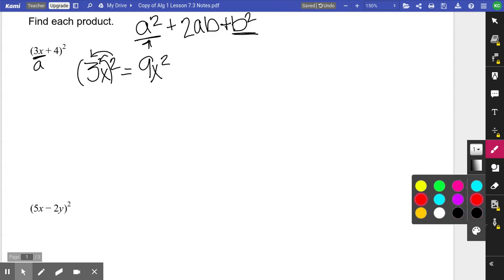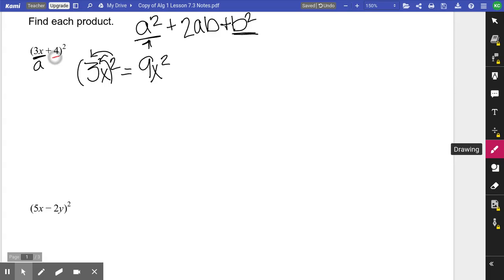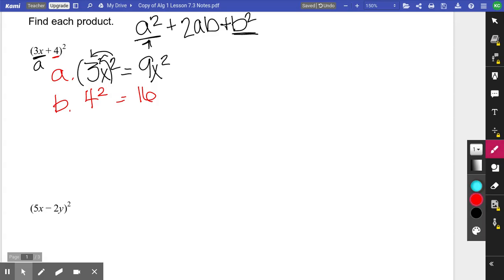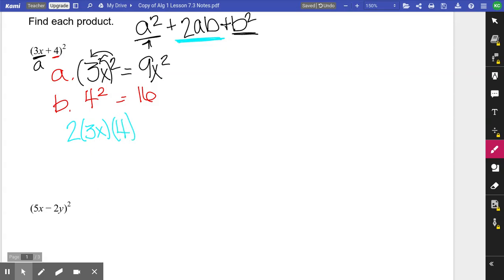Okay, I just took care of my a. Let's do our b squared now. So now our b squared is going to be here. So let's label this a. B squared. We're going to have 4 squared, which equals 16. And then for my middle right here, I'm going to take 2 times my a, which is 3x, times my b, which is 4.